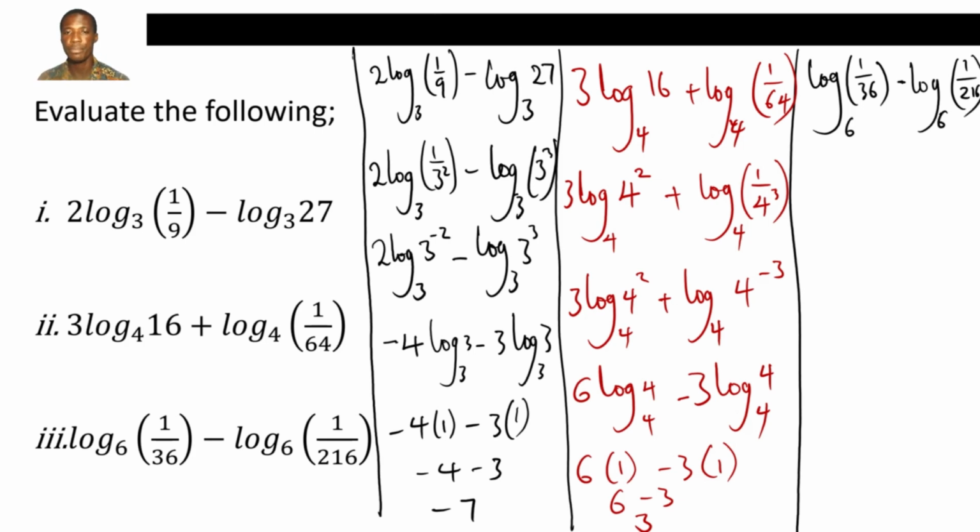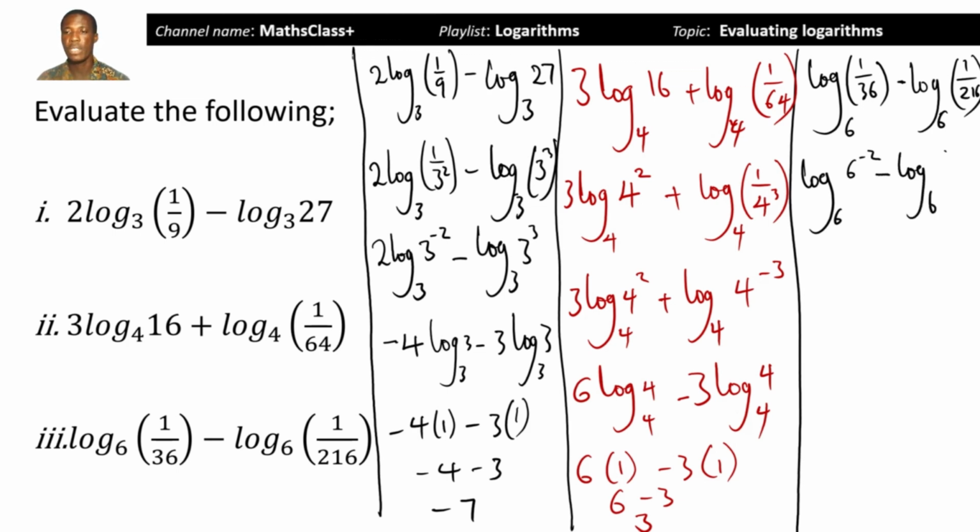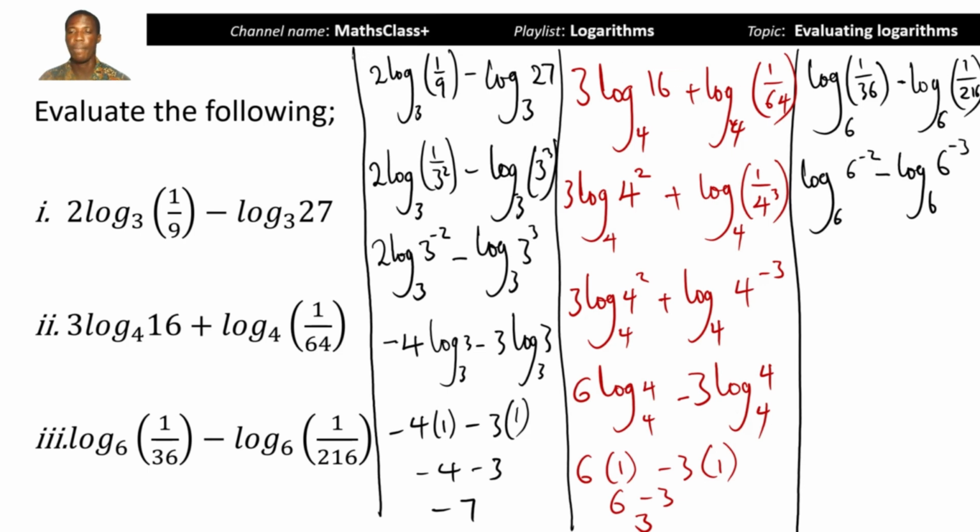So here, we try to simplify. So we can write log to the base 6 of 6 to the power negative 2 minus log to the base 6 of 6 to the power negative 3.